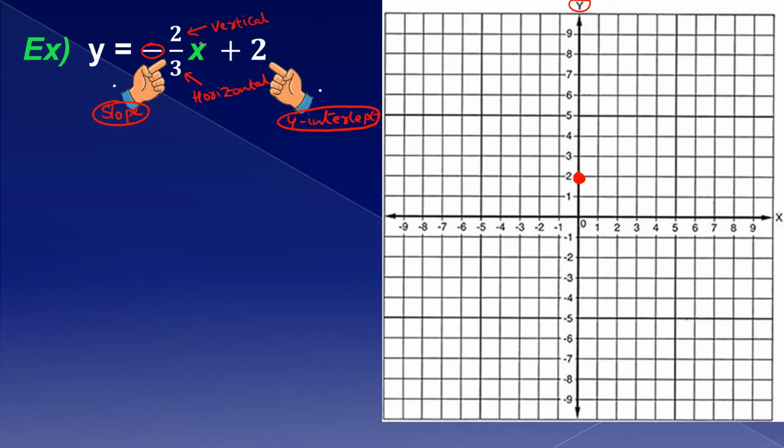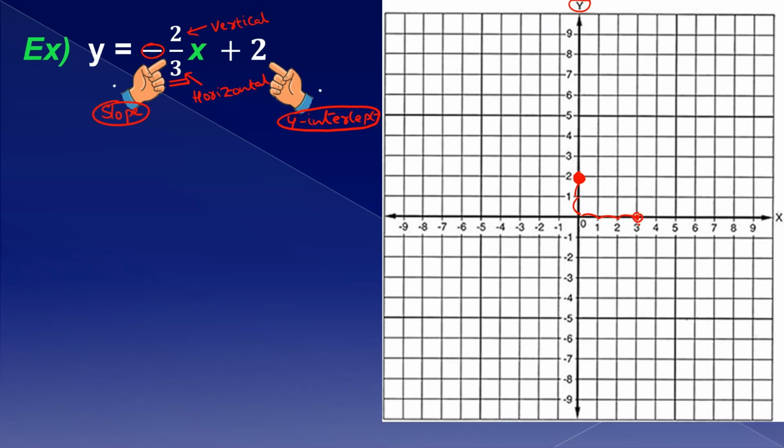So I see that the vertical shift is negative 2. Negative 2 means let me move down by 2 steps. And horizontally it is 3, which is positive, so let me move 1, 2, and 3 steps to the right. So I got this point.